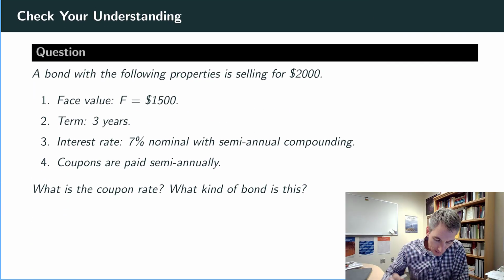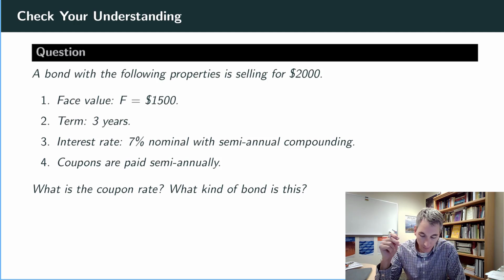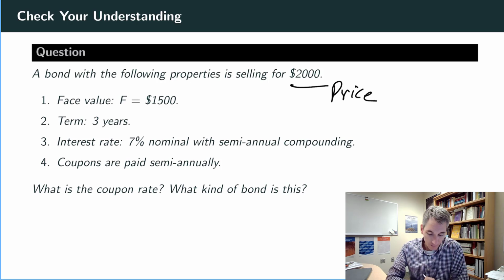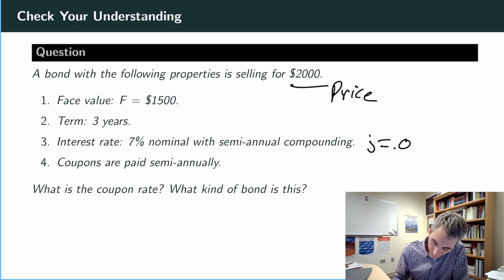Let's do a check your understanding problem. So a bond with the following properties is selling for $2,000, so that's the price. Face value $1,500, term 3 years, interest rate 7% nominal with semi-annual compounding. So that means your J here is 0.035. 7% on the nominal gives you 3.5% on the half year.